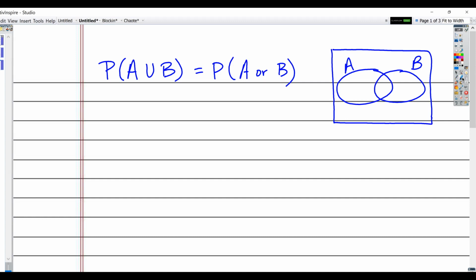It's the entire diagram. It's this entire part right here, correct? All of this. So A or B could contain elements in A but not B, elements in B but not A, or elements that are in both. So that is what that looks like.